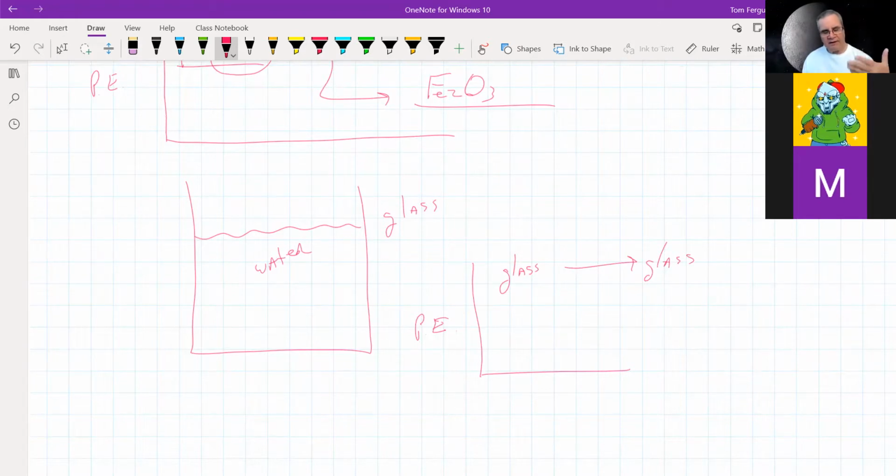Remember, what has to happen in a chemical reaction? Reactant, product. What has to happen? Bonds have to break. They have to reform for the products. That's right. Good. What about in our graph of potential energy? What also has to happen?